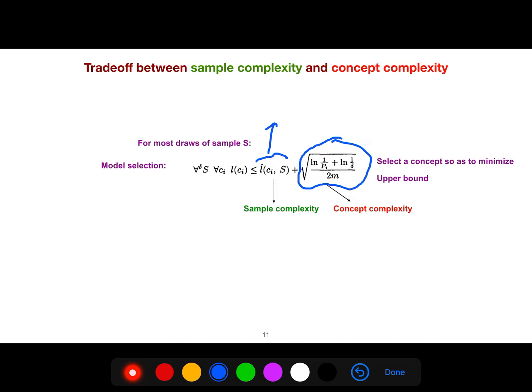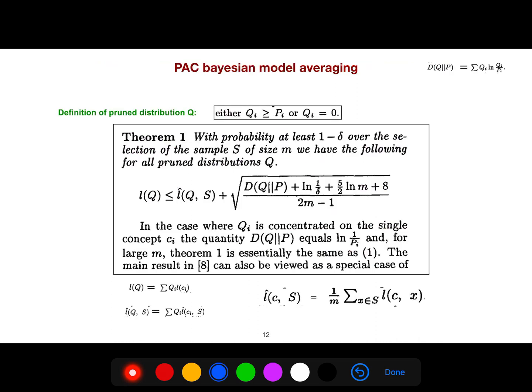Both of them are data dependent, but you can think of this as, for example, putting a prior on something where we don't care about the data. We have not even seen the training data, but we put a prior on that. And this is model selection. The definition of the prior distribution used in this theorem is this, for ease of use.